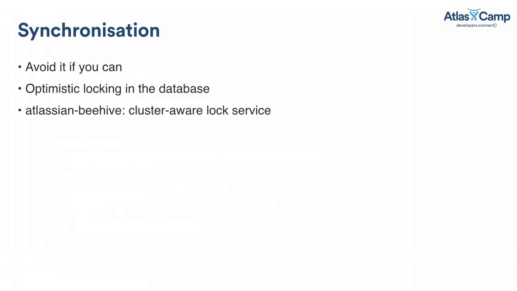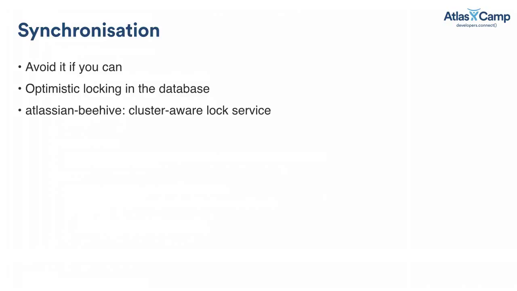So synchronization is the next issue that I discussed. Again, if you can avoid using locks, then you're probably in the best place in terms of scaling. And that's one of the things that you also need to consider in a data center installation. You're typically dealing with more users, more projects, more issues, more repositories, bigger repositories, and all of that.